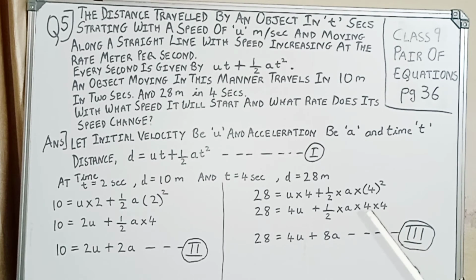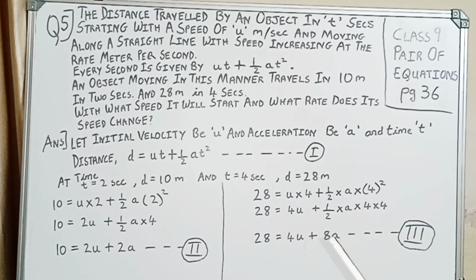So you get 8 into a. That is how you get 28 is equal to 4u plus 8a. This is equation number 3.